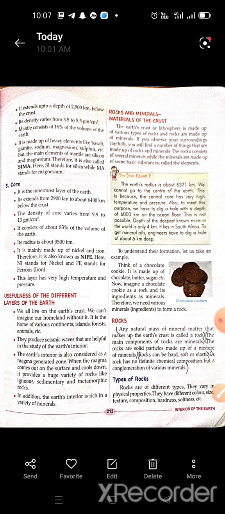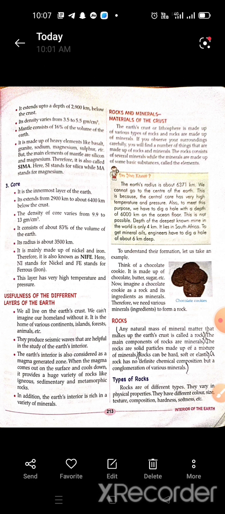Lastly, we are going to read about core, which is the innermost layer of the earth, and its extent is from 2900 km to about 6400 km below the crust. The density of core varies from 9.9 to 13 gram per centimeter cube.